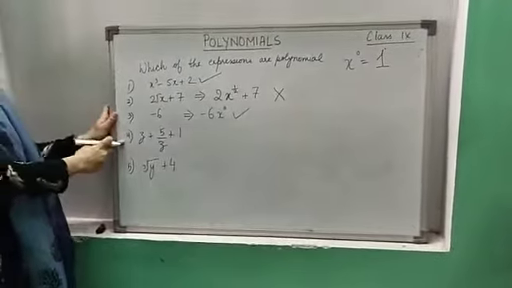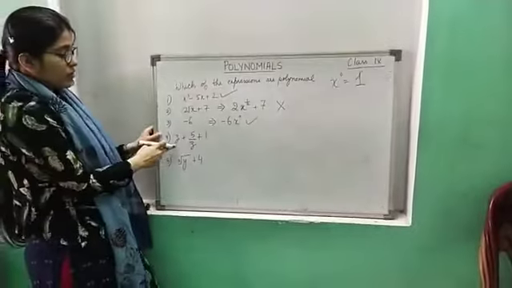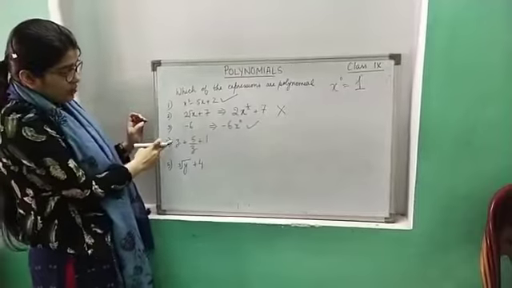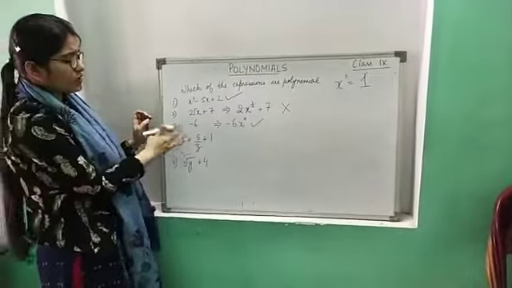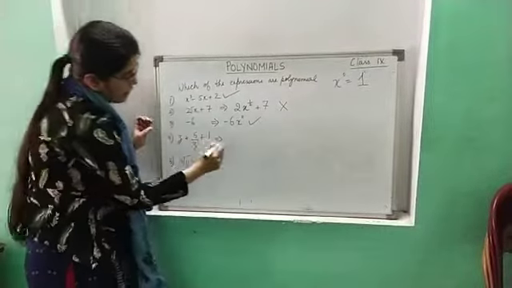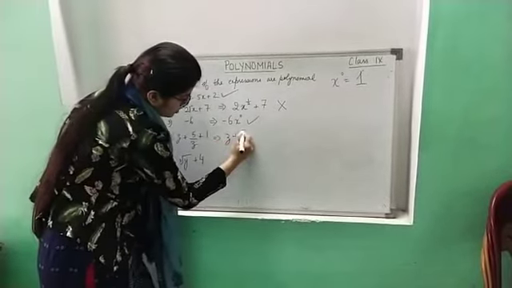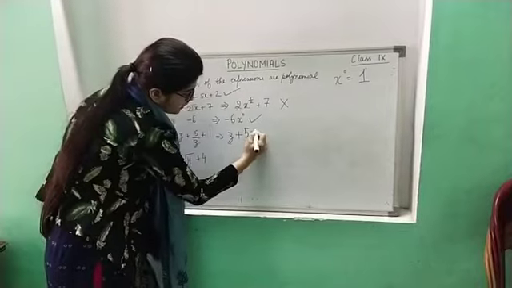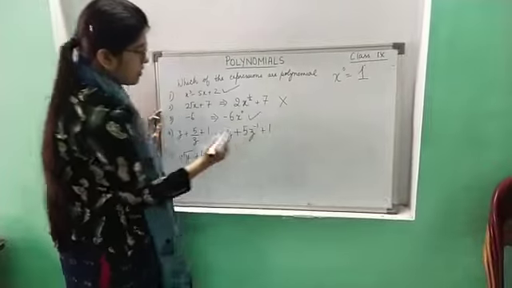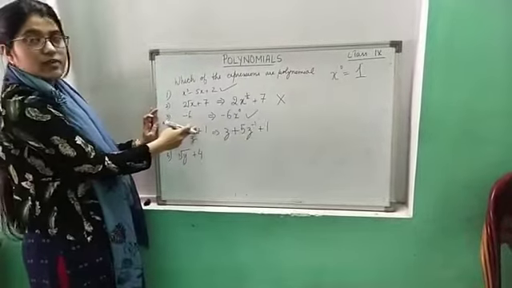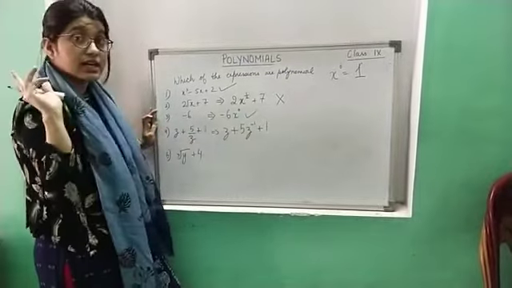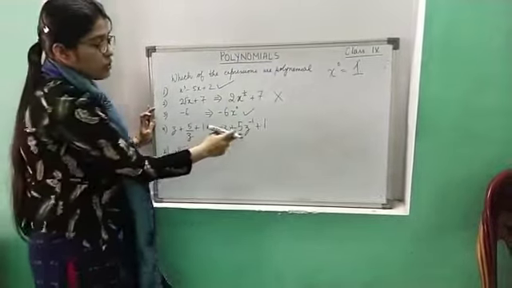Now coming on to question number 4. Question number 4 says z plus 5 upon z plus 1. Here this z is fine, its power is 1. But this upon z, I can write like this: z to the power minus 1, plus 1. z goes above into the numerator and the power becomes negative. We did this in the chapter on exponents.